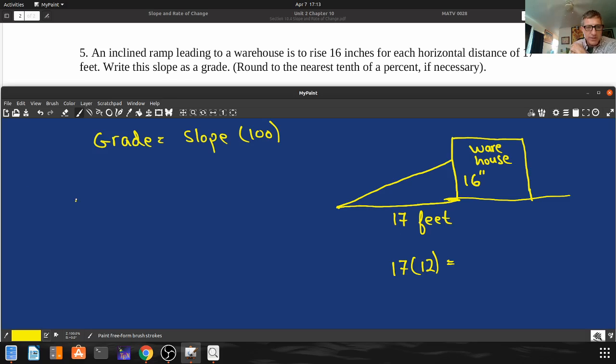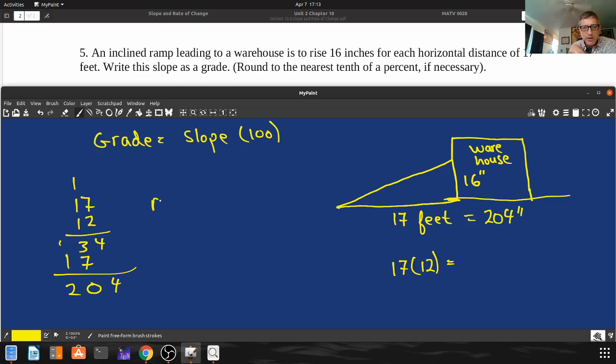So let's do this. 17 times 12. 2 times 7 is 14. So it's 204 inches.